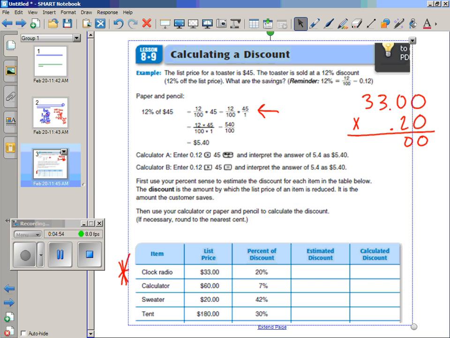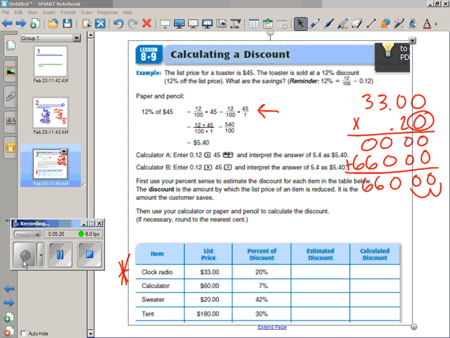I do my multiplication, my magic 0 goes in, 6, 6. I add 0, 0, 0, 6, 6.